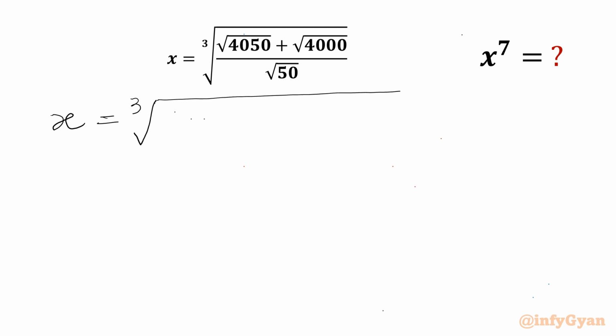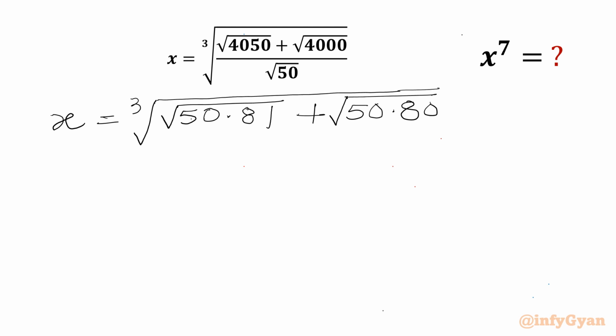Now we can factor 4050 as 50 times 81, and 4000 as 50 times 80. The denominator is square root 50.